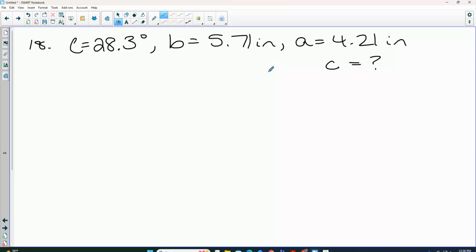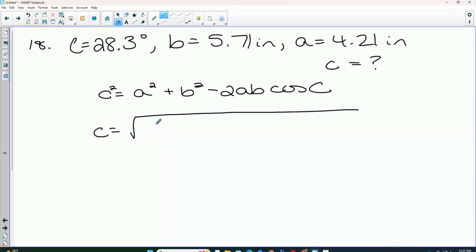So then when I go to my formula sheet, law of cosines has 3 versions. Since I'm looking for C, I would probably pick the one that's C squared equals A squared plus B squared minus 2AB cosine of C. If you want to get rid of the square, what would you have to do?